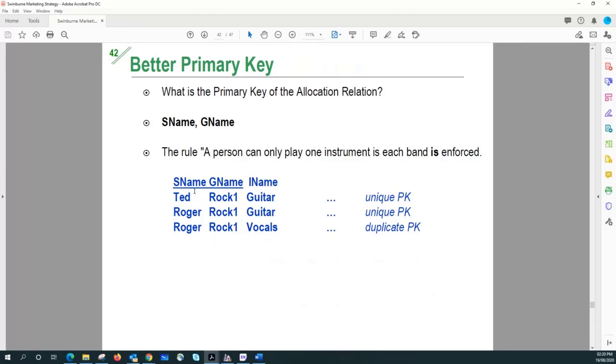So I need not underline all three columns. Instead, I can underline only the student name and the group name.